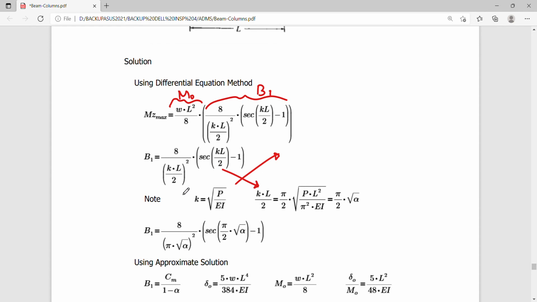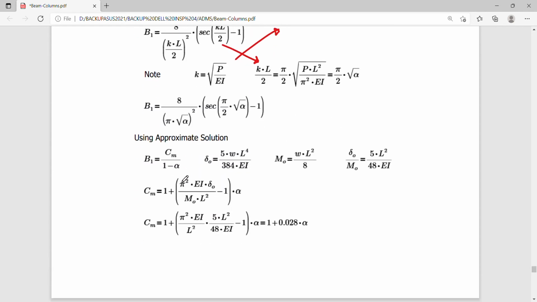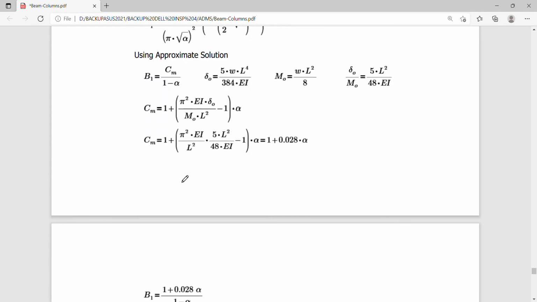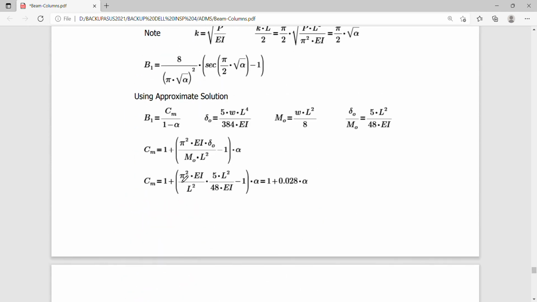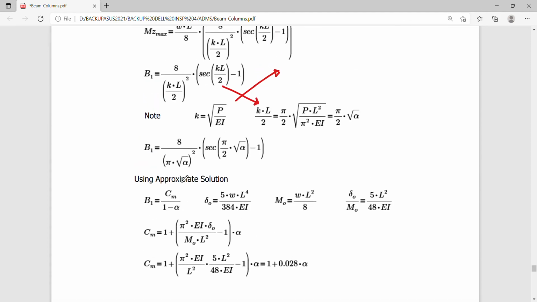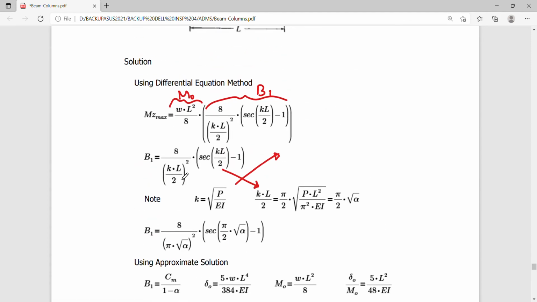I think this part here is not KL over 2, no? So let's look at it, okay, it's a KL over 2. No. So I think this is a KL. So we'll check it later. I think this is only a KL squared. Okay, KL squared. But of course, we target KL over 2 here.